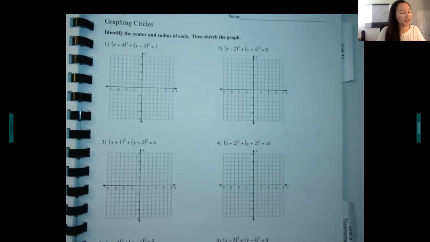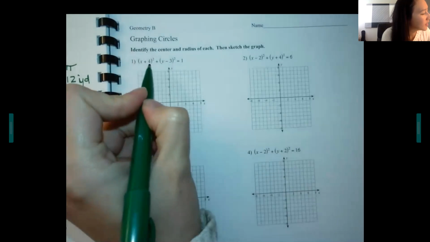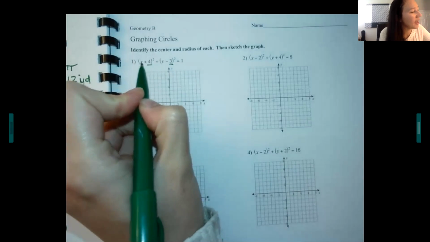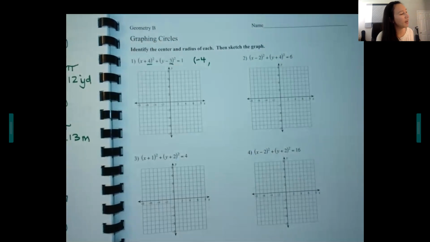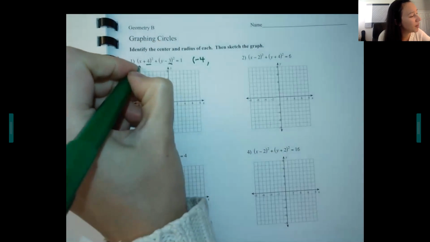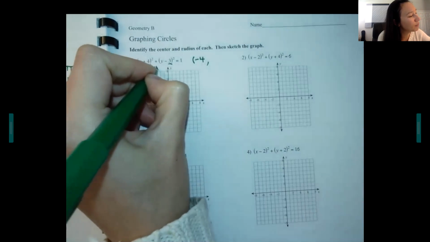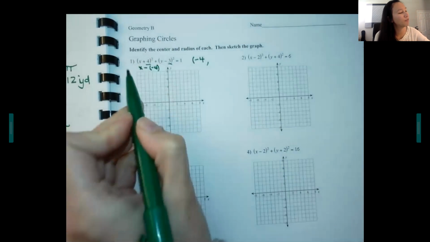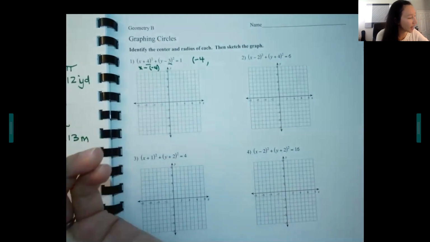Okay, so graphing circles. Let's go ahead and identify the center. We need h and k, and since it's x plus 4, we are going to flip it, and it's -4 is our h, because again, this would be x minus -4. That's why it's -4, because it's supposed to be x minus h.